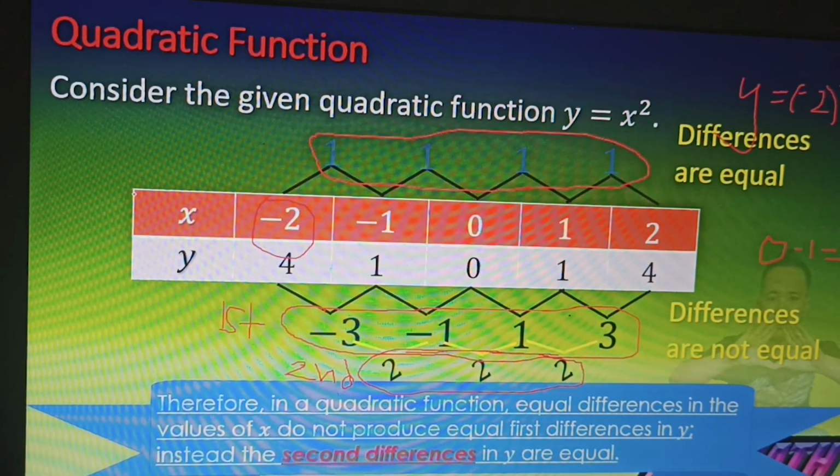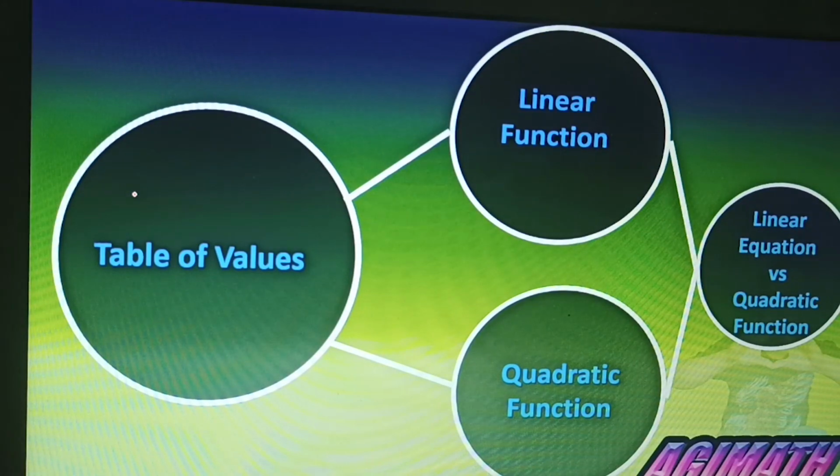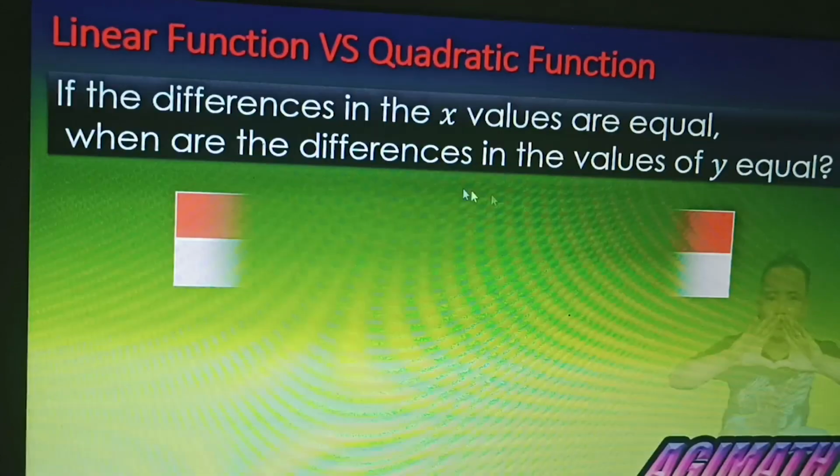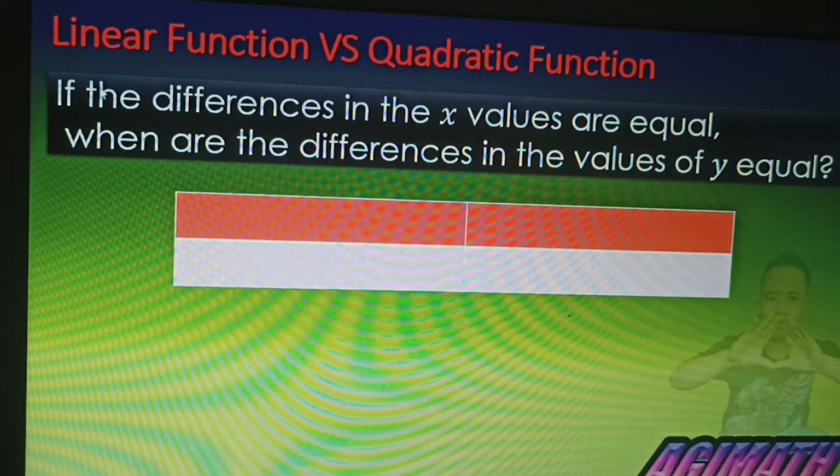So now let us differentiate linear function from quadratic function. The question is, if the differences in the x values are equal, as I stated earlier. The differences in the x values should be equal so that we can see the pattern. The question is, when are the differences in the values of y equal?